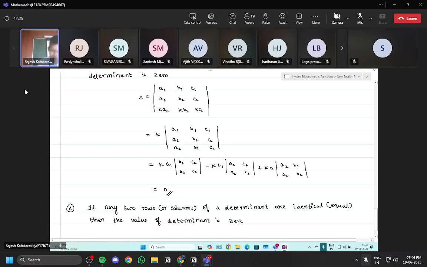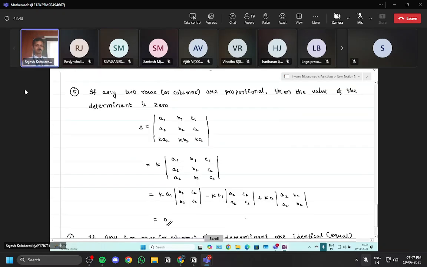So that is only part of property number 5 I solved. Here row 2 and row 3 are the same. In that case, if you try to expand, you will get the same thing. I made it in reverse order, so scroll up.